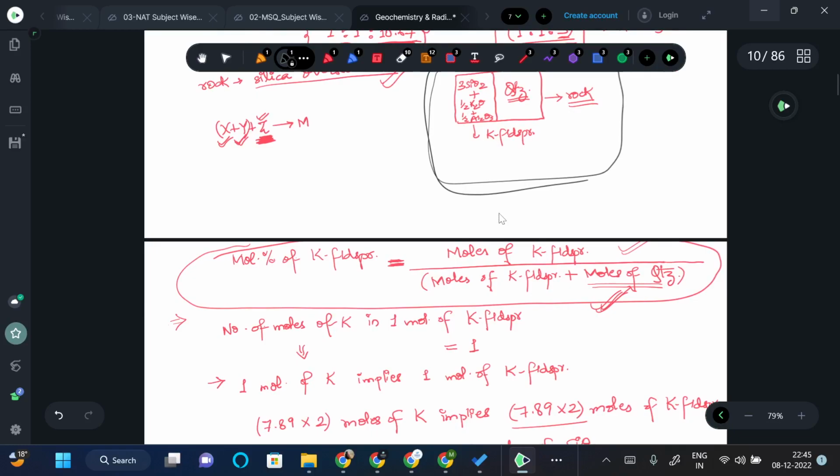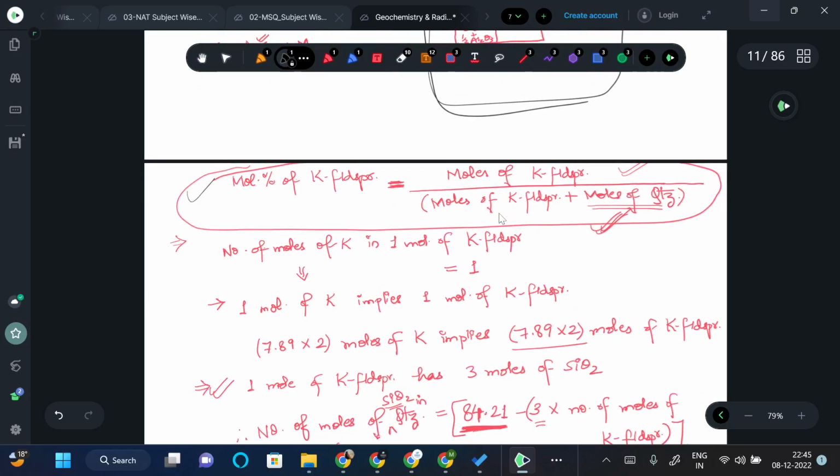Then this is what we require: the mole percentage of K feldspar, where it is asking in the rock. So K feldspar is being compared to everything that is there in the rock. So this will simply be the number of moles of K feldspar divided by moles of K feldspar plus moles of quartz.